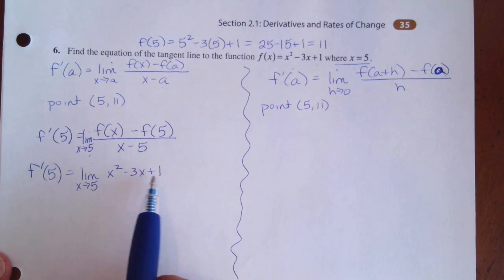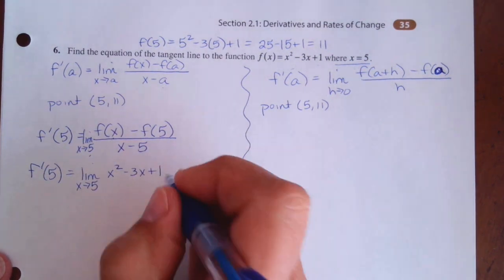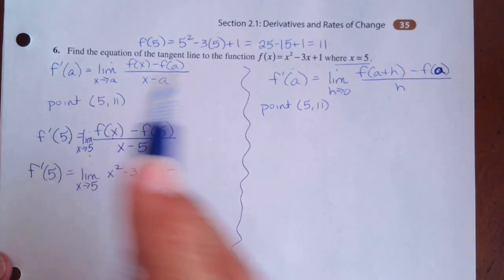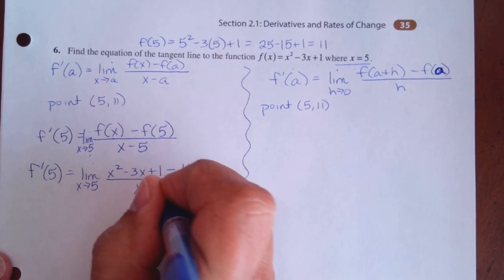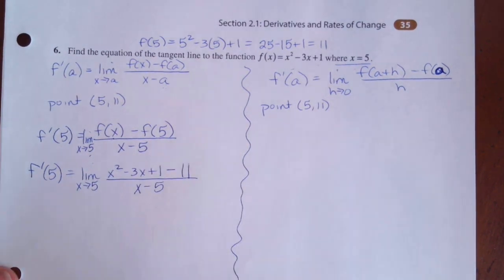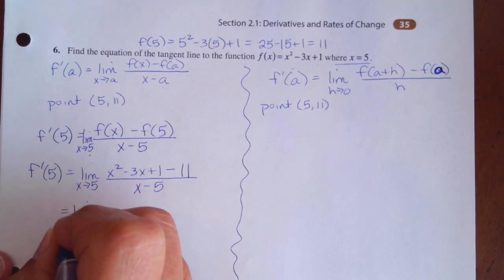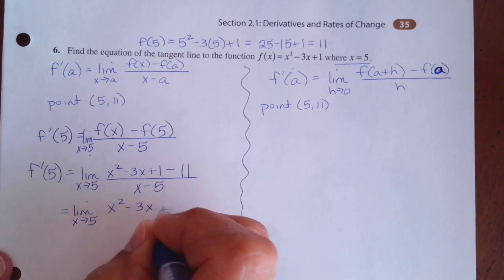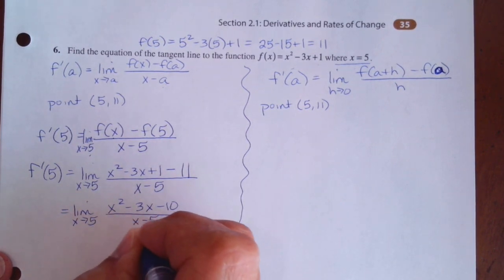That is f of x. Now we're going to subtract f of 5. So what is f of 5? F of 5 is the y value, so we're going to do minus 11. And then we're going to do that over x minus 5. So now all we have to do is simplify the top. So the top will give me x squared minus 3x minus 10 over x minus 5.